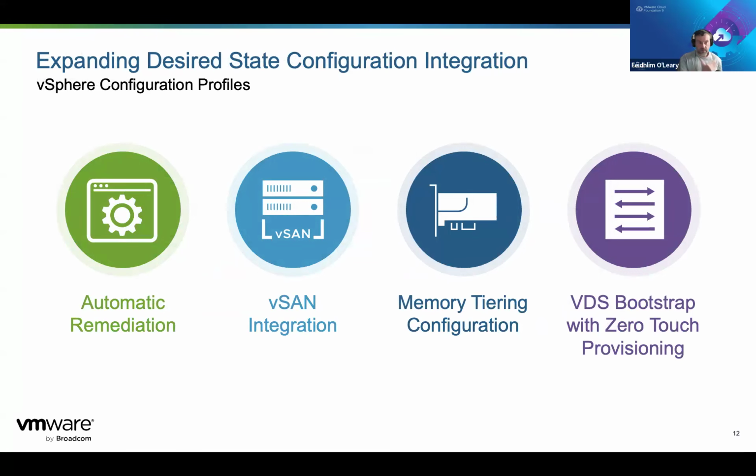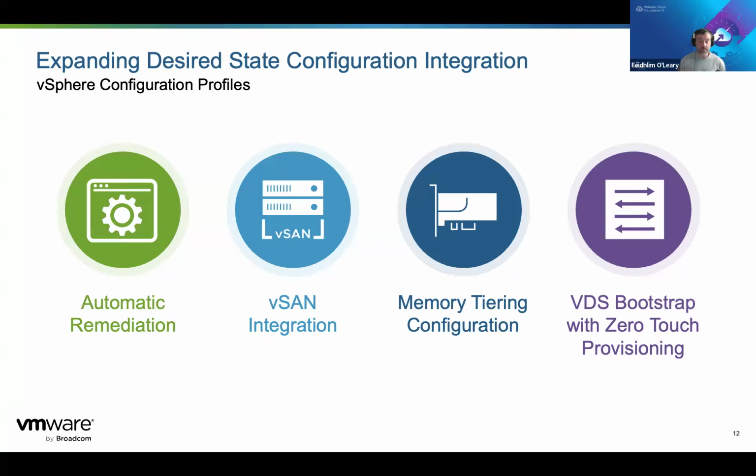Now, in vSphere configuration profiles, we've introduced vSAN integration and memory tiering configuration. We integrated it with zero-touch provisioning, and it allows for VDS bootstrap. Now, you didn't exactly see that in the demo, but what was actually happening under the hood, because my vSphere configuration profile, or my cluster configuration, had defined a vSphere distributed switch for my networking.